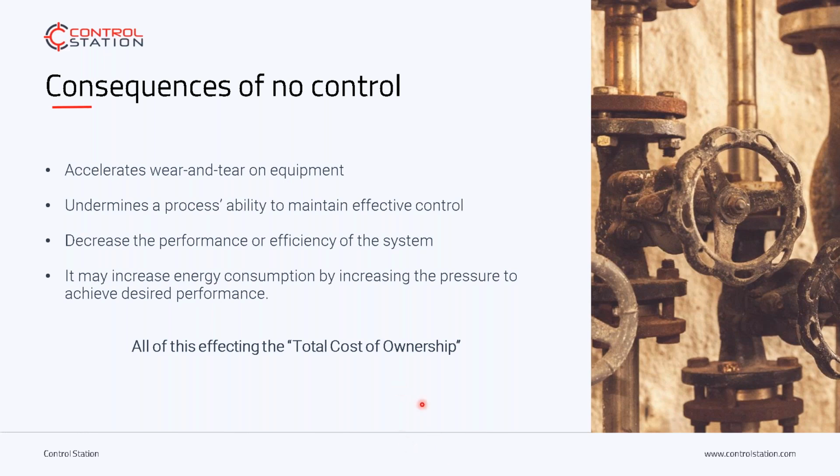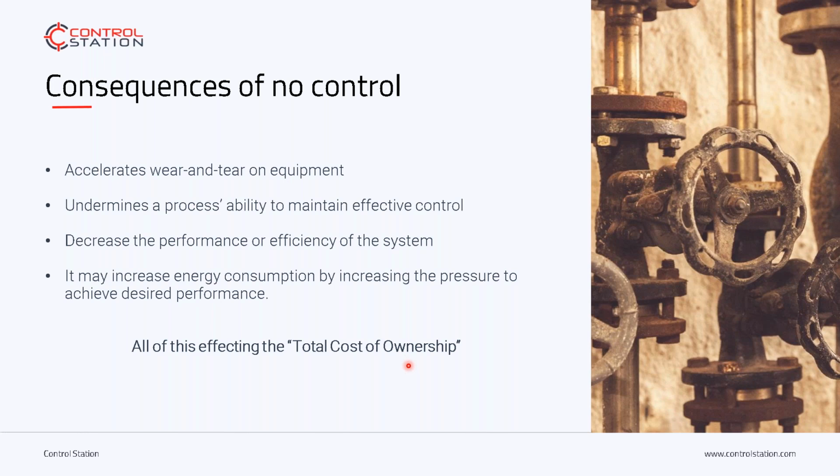And then, when you have the wear and tear, that leads to areas where you're undermining your ability to control the process where you want it. If you can control the process where you want it, obviously you might be able to save energy.